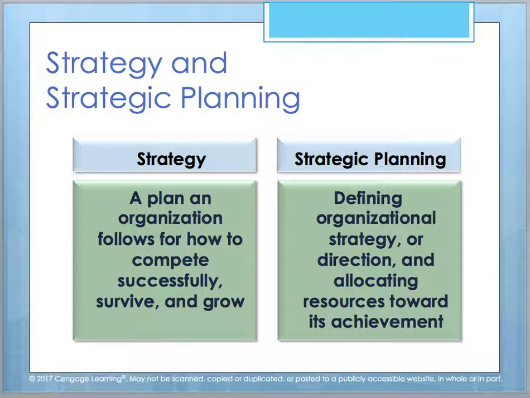And when we're looking at strategic planning, we're having to take that long-term plan and define it and help to create direction for how we're going to allocate resources so that we can achieve that goal. So that we can say we need these individuals, we need this much money, we need this physical location, we need relationships with these external stakeholders, things of that nature.